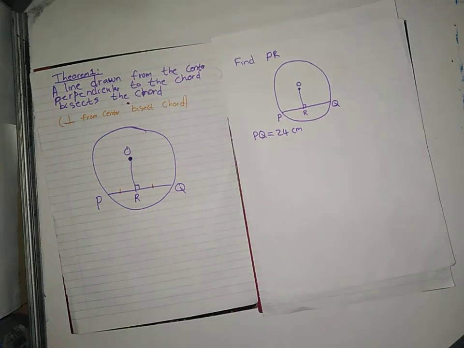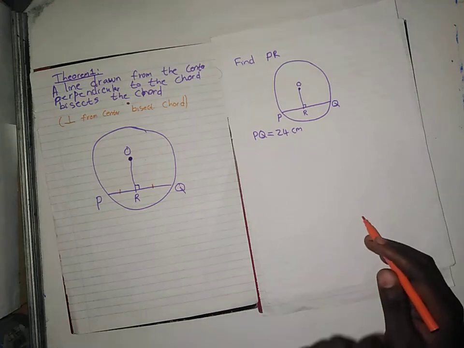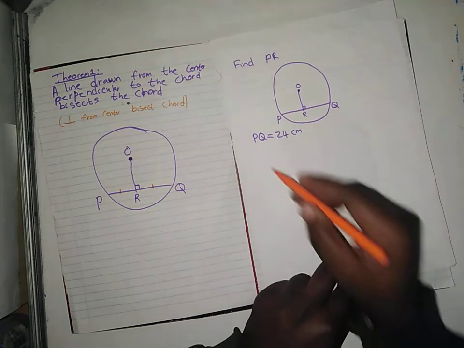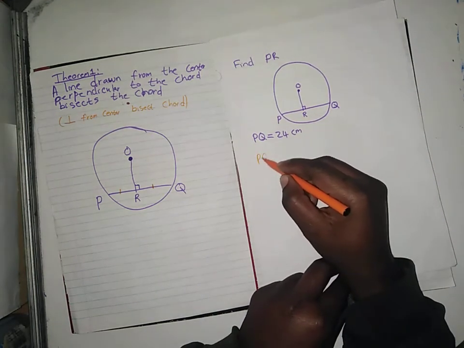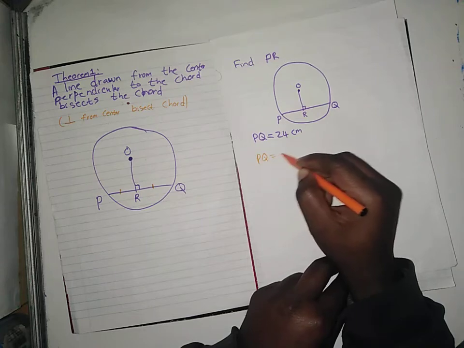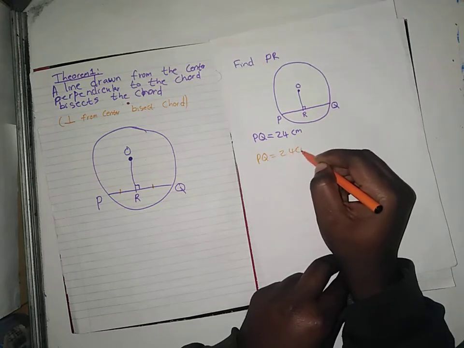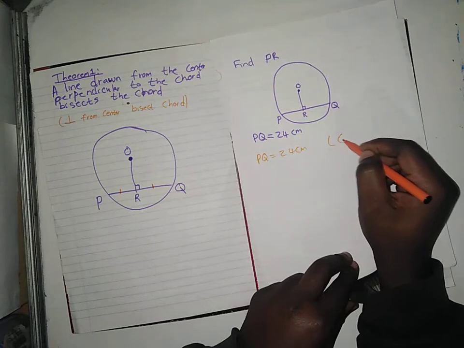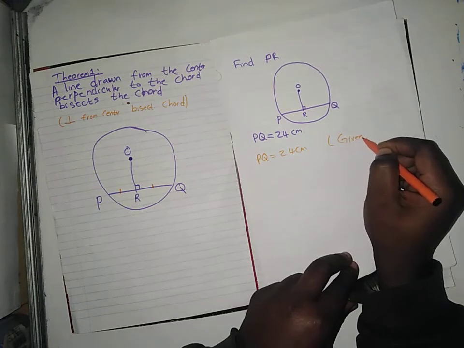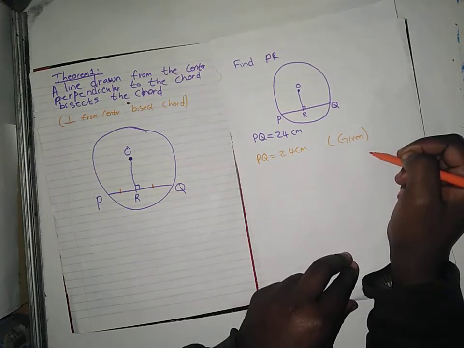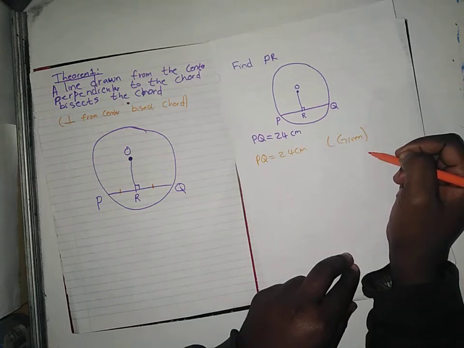Okay, you must reiterate. So PQ is equal to 24 centimeters. Why? We are given that. Can you see that? We are given that PQ is equal to 24.